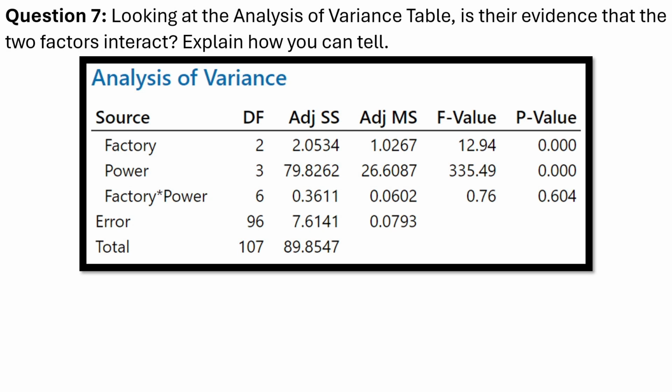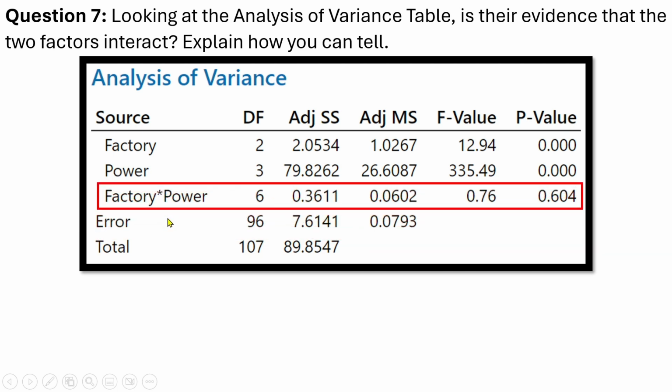Okay, finally, we need to look at the analysis of variance table to see if there's evidence that the two factors, or what I should say, the two predictor variables, interact. We have two predictors, factory and power. We have an interaction term here in the table, and all we need to do is look at the p-value for that interaction term to draw our conclusion.